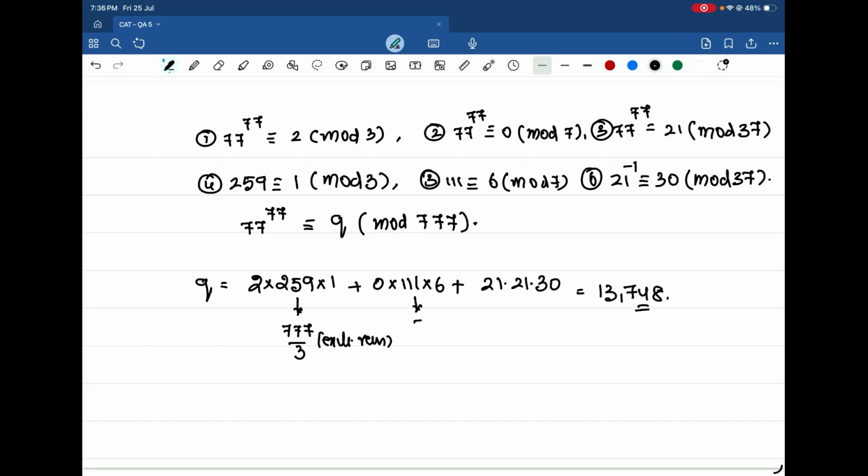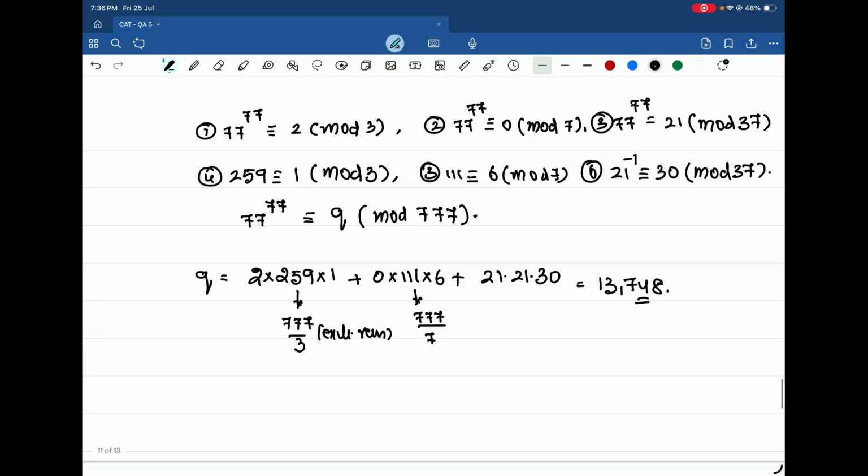This value is 777, the denominator, divided by 7. This value is 777 divided by 37. All these are excluding remainder. Please understand this.